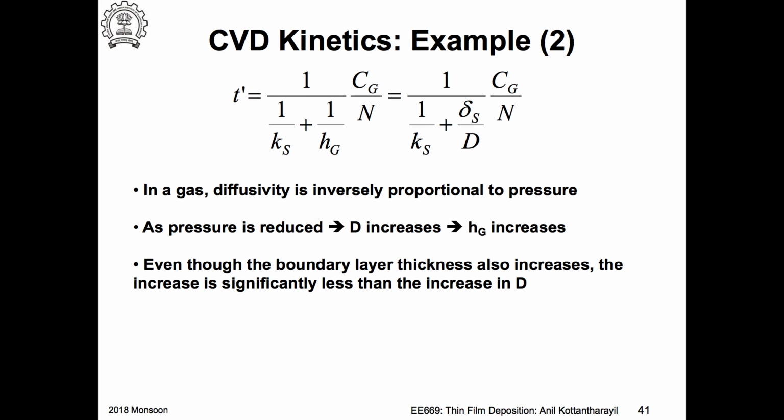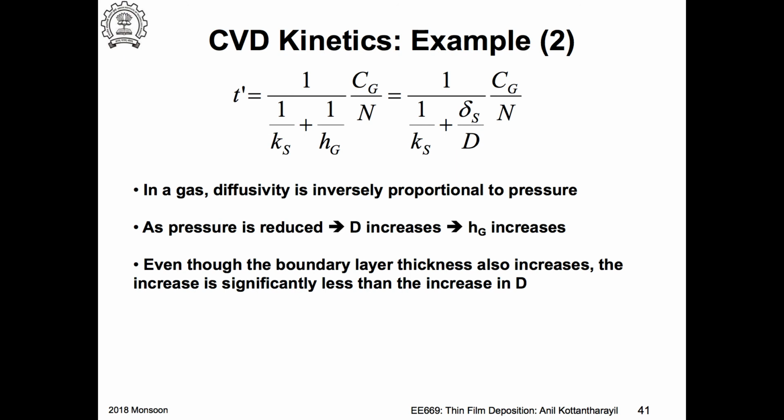Delta is inversely proportional to the square root of pressure. That is what we are saying. So you would have this also increasing, and as a consequence, you may think that this is increasing, this is also increasing, but here it is a square root dependence.